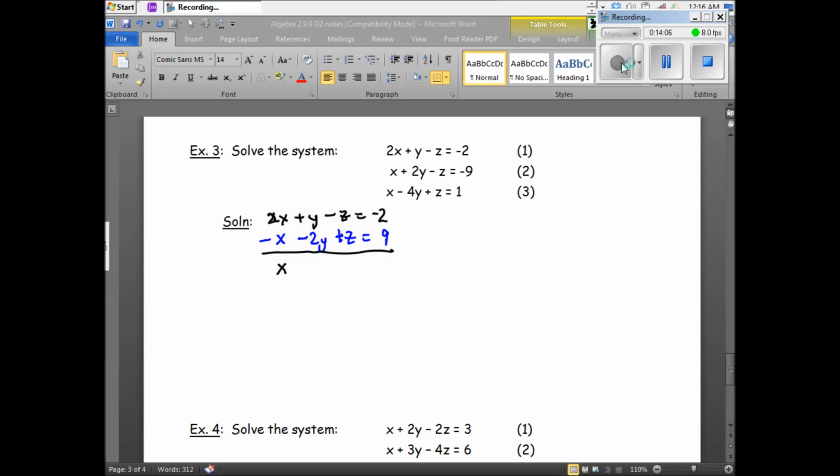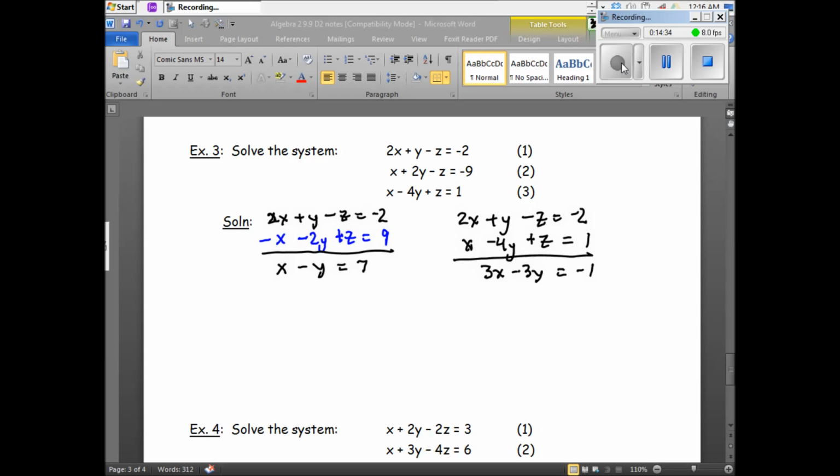We get x minus y equals 7. Let's take the first and third equation. The first equation is 2x plus y minus z equals negative 2, and the third one is x minus 4y plus z equals 1. And adding these, we get 3x minus 3y equals negative 1.